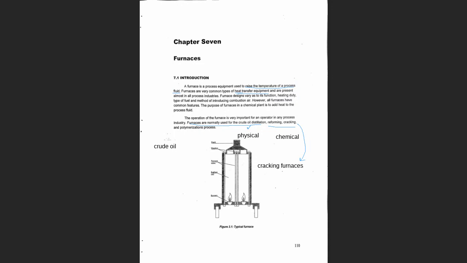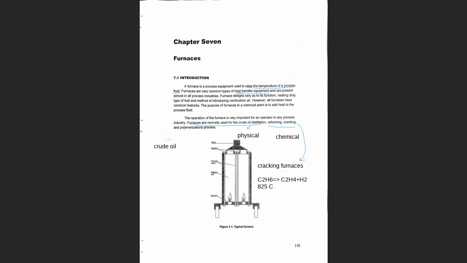As a matter of fact, I was responsible for the operation of cracking furnaces. We had some ethane, C2H6, and by the application of heat, because it's an endothermic reaction, a reaction that requires heat, the ethane molecule is cracked into ethylene, C2H4, plus H2, at extremely high temperatures. The temperatures were around 825 degrees Celsius.